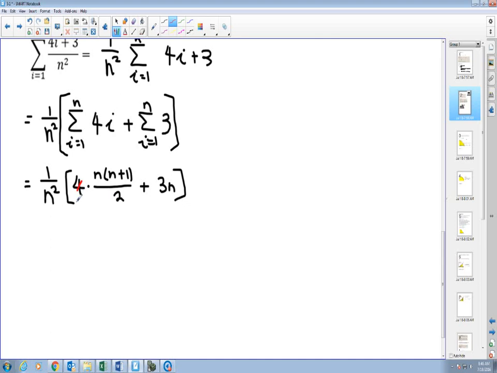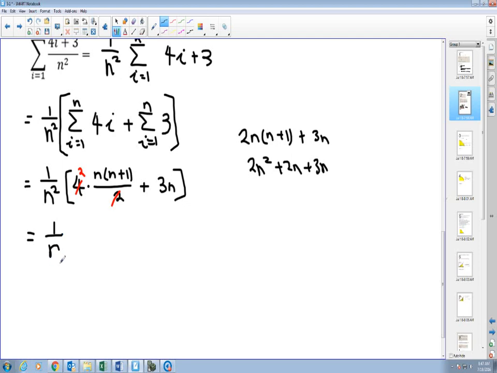The 2 can cancel out and leave me with a 2 on top: 2n times n plus 1, plus 3n. This 3n is on top as well, because I don't have any more denominator. So that gives me 2n squared plus 2n plus 3n, which is 2n squared plus 5n.